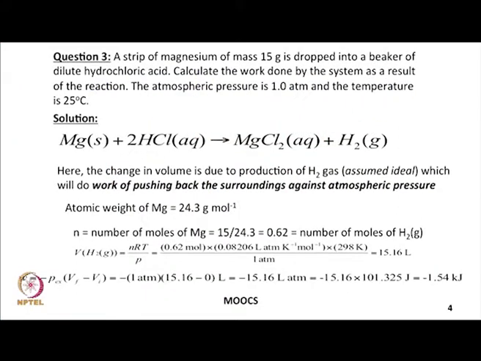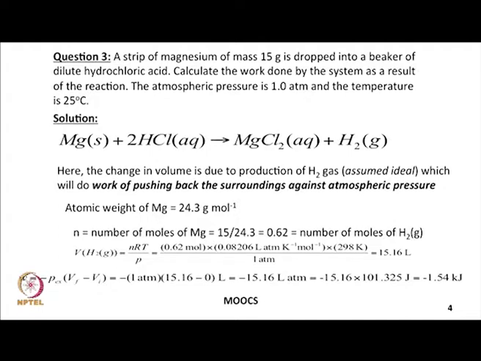As we can see there, n, which is the number of moles of magnesium, is equal to weight divided by the atomic weight, 15 divided by 24.3, it is 0.62, and then if you look at the reaction, 1 mole of magnesium produces 1 mole of hydrogen. That means the number of moles of hydrogen gas produced is also 0.62.